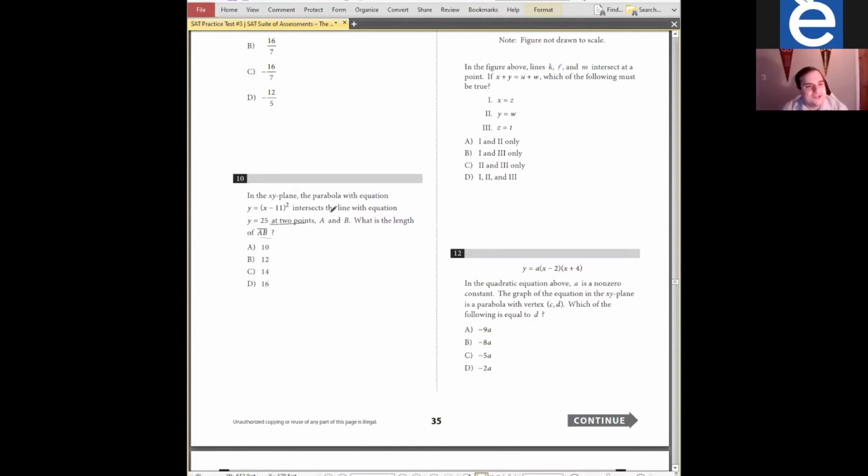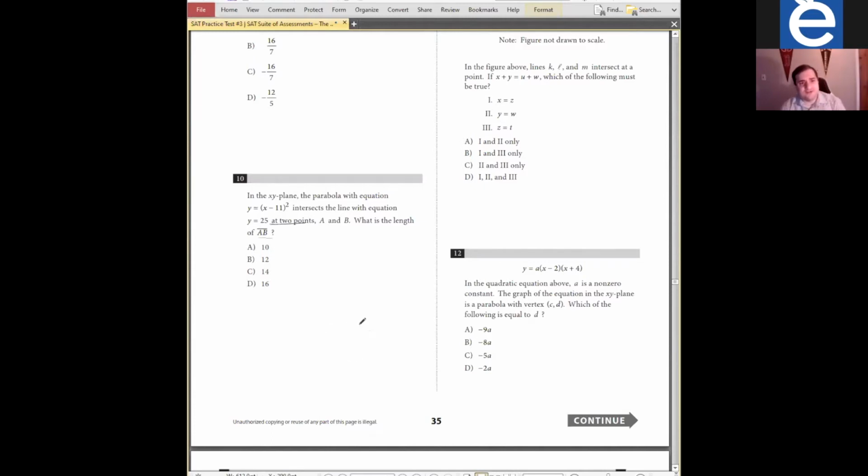Effectively, we have these two equations: y equals x minus 11 squared, and y is equal to 25. It's asking what's the length from there to there. If we figure out this x coordinate and this x coordinate, then it's just the difference.